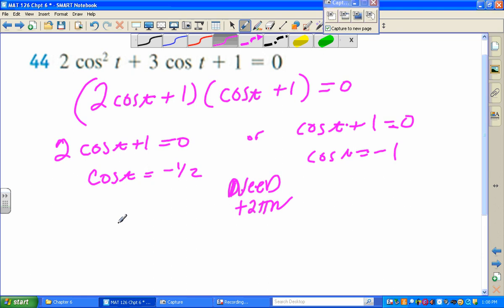So on this side, you have the set of negative 1/2 would be, what would that be, Kaylee? You're factoring it.